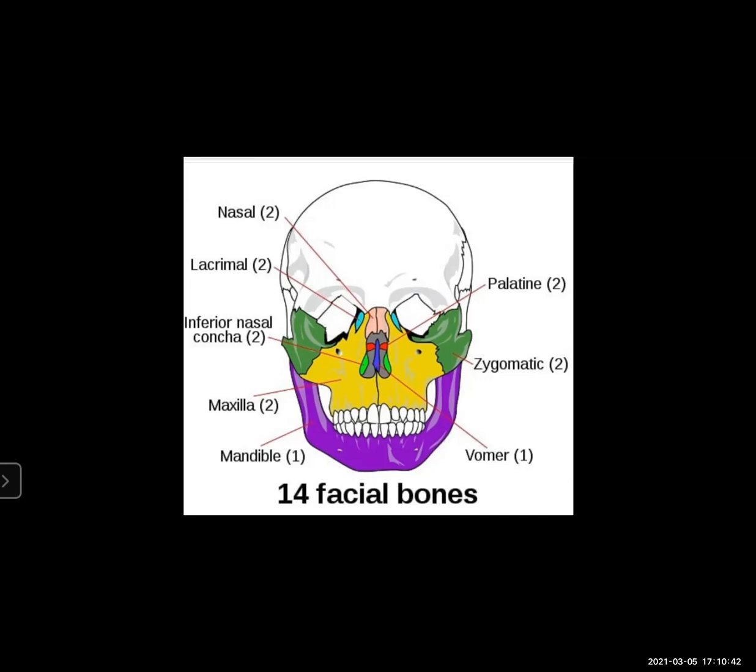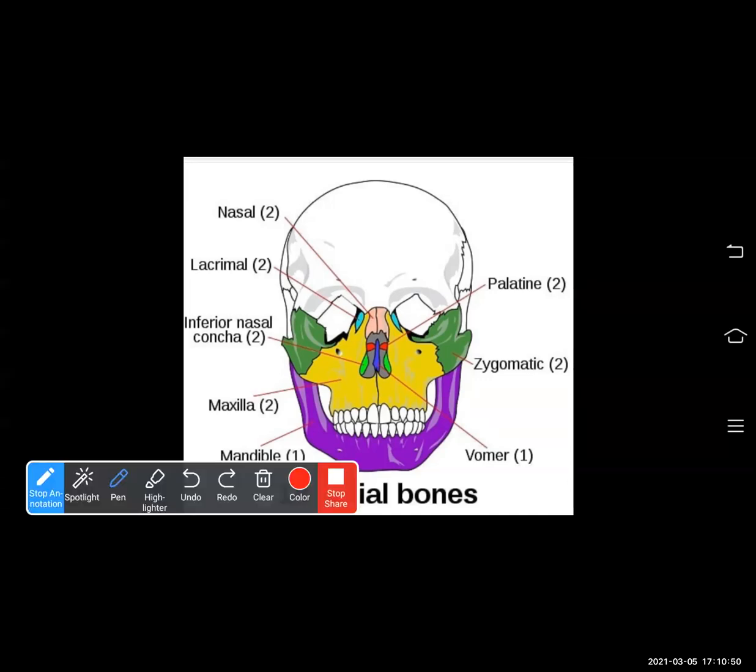The paired bone that forms the bridge of our nose, right? Then zygomatic. You all can see there on your screen, zygomatic, which is these 2 bones. Nasal are these 2 bones. So what are zygomatic bones? I said zygomatic bones are cheek bones, right?